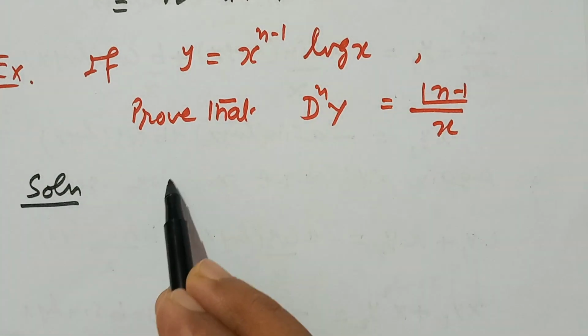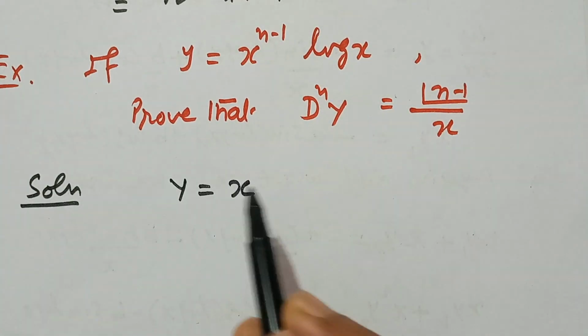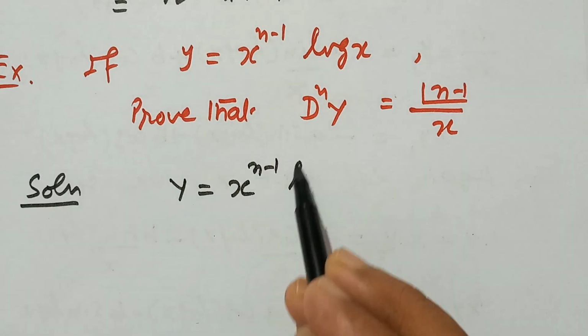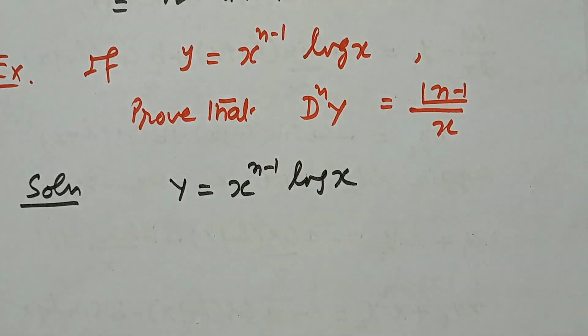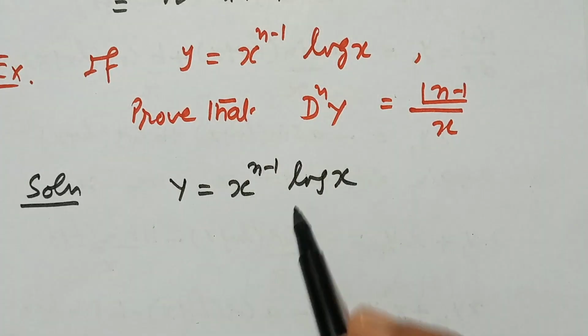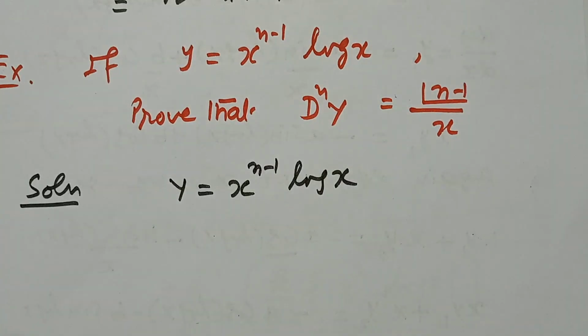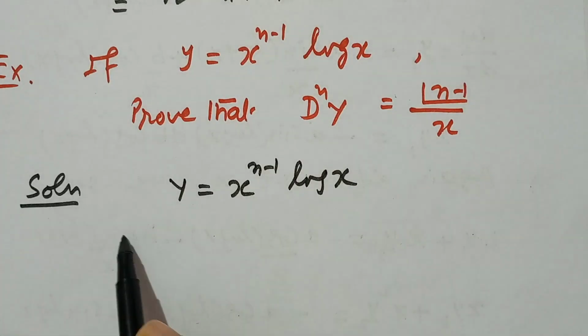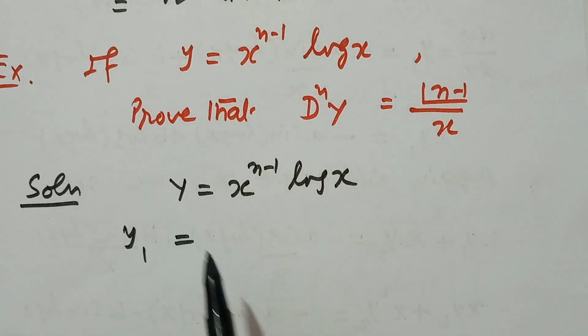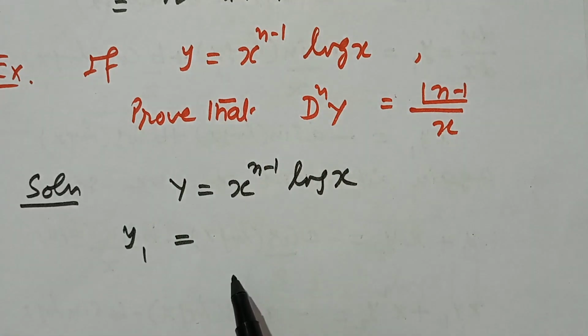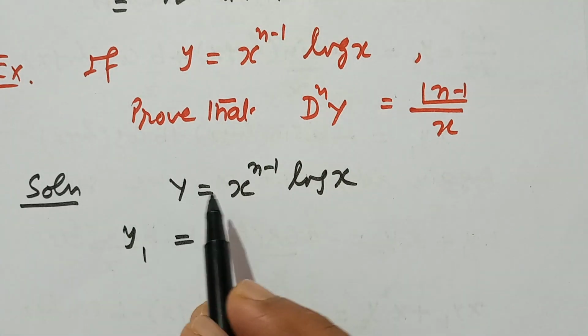Given y is equal to x to the power n minus 1 times log x. Here the differentiation of log x is 1 upon x. So first we differentiate 1 time. y1 is the product of two functions.